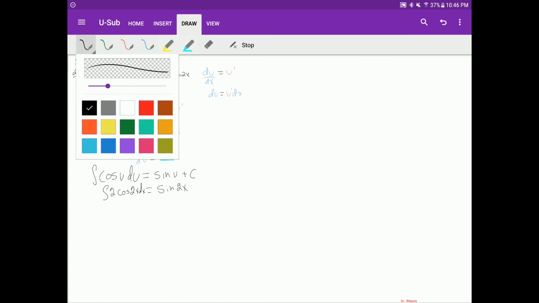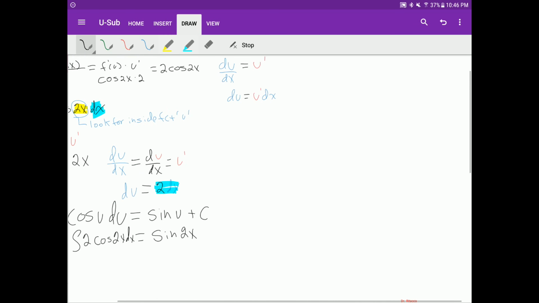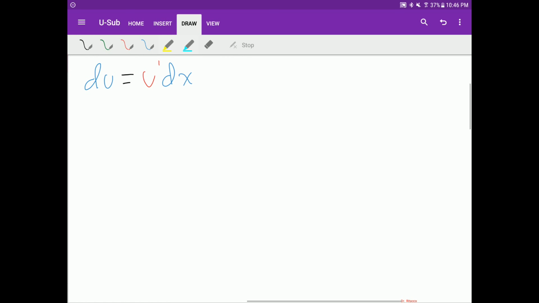Okay, so let's take a step back to look at another style of function that has a sort of chain rule.